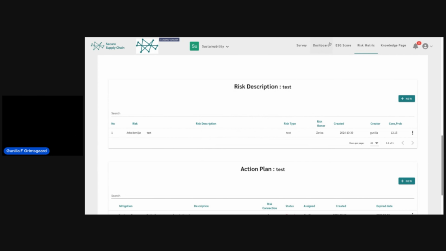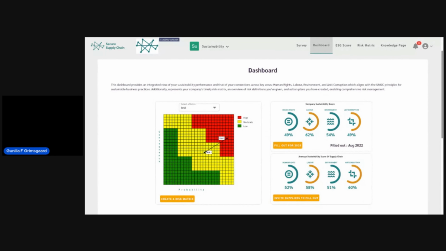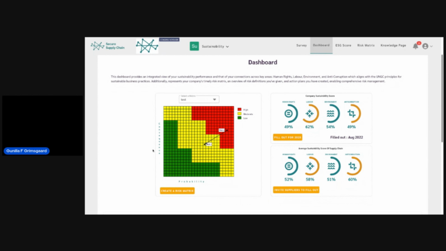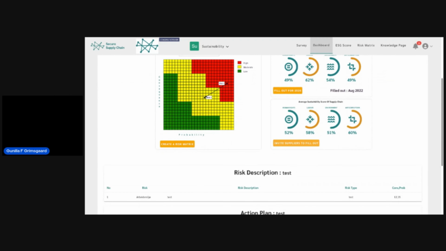And then at the end of the year, you could look into the dashboard and you can see this is how my risk matrix looks. That's where the starting point is. This is where they moved to after doing all my mitigating actions. This is my sustainability score for my company. This is the average sustainability score of my supply chain.